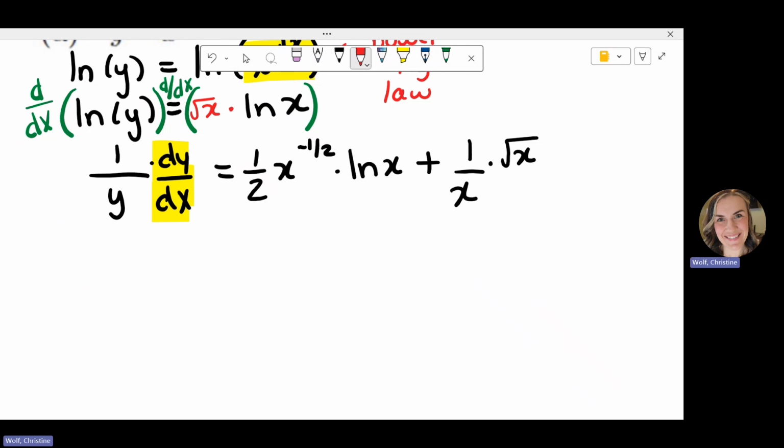How do I get rid of 1 over y? Tad? Multiply both sides by y because all that will cancel, right? But what you do to one side, you have to be fair and do to the other side. So I am times, and it'll be that way every single time. Okay, you're always going to times by y.